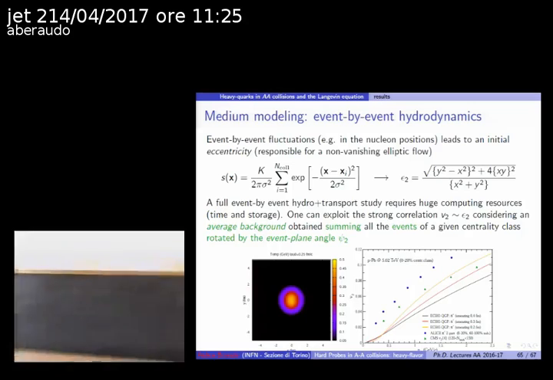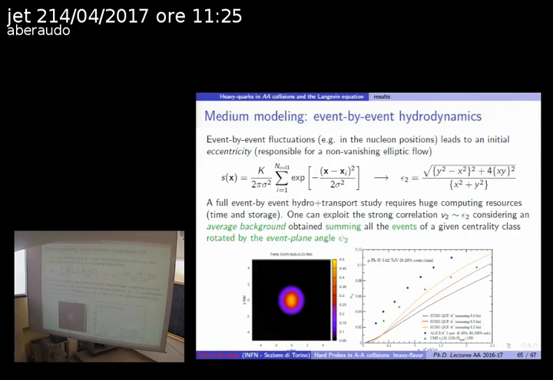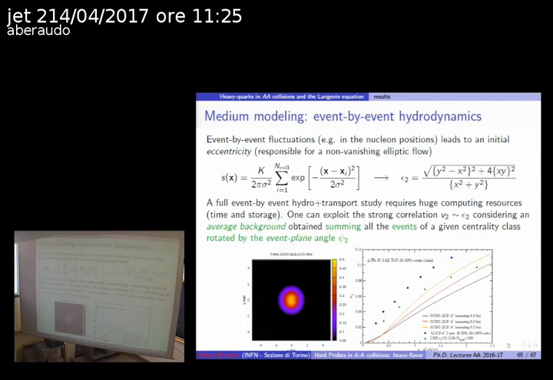So you must rely on some Monte Carlo modeling of the initial condition, and you can imagine, for instance, that each binary nucleon-nucleon collision is a source of entropy density in the transverse plane. And then, in order to avoid having to evolve thousands of initial conditions, we took some average initial condition obtained by averaging all these events.